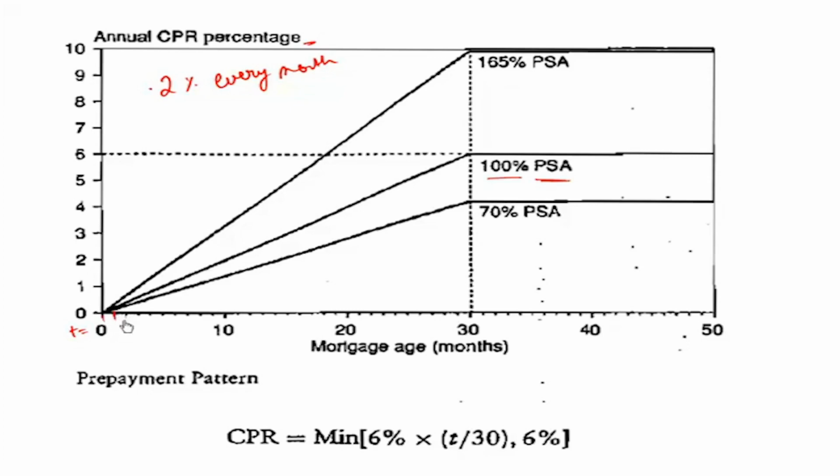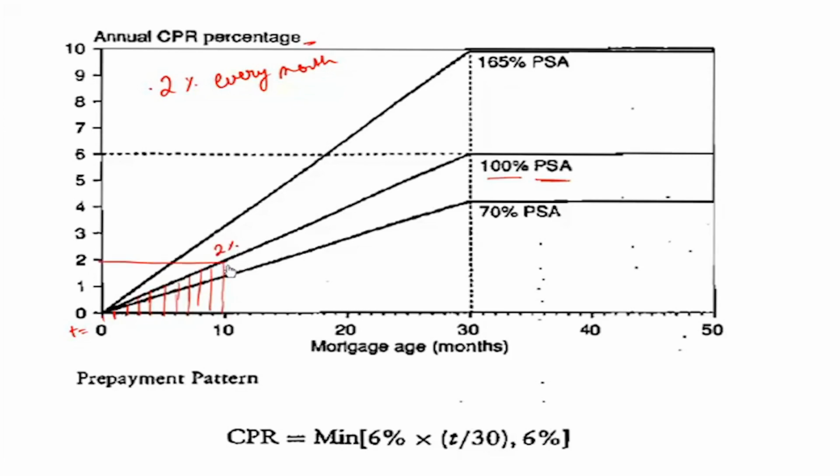At the end of the first month also, the prepayment rate only goes up to 0.2% CPR. That is, the annual prepayment rate is only to the tune of 0.2%. This keeps increasing as the loan matures, or the loan seasons. By the end of the first 10 months, this prepayment rate has gone up to 2%.